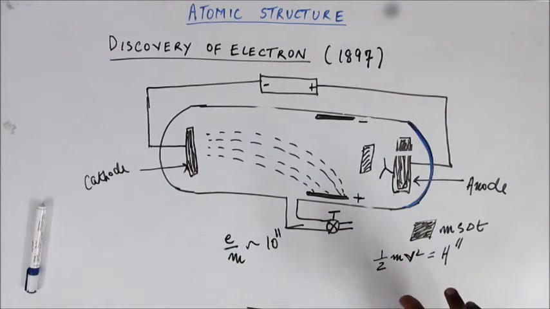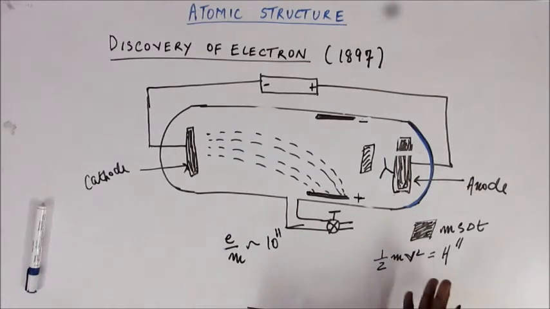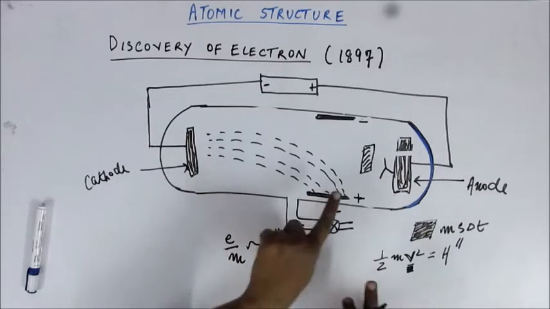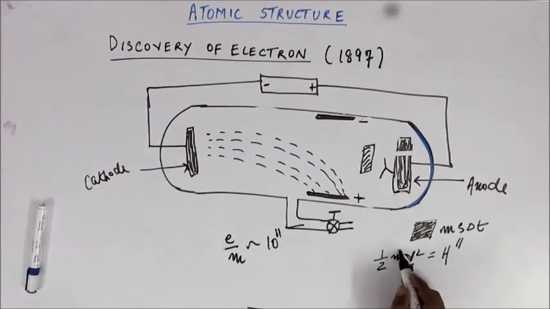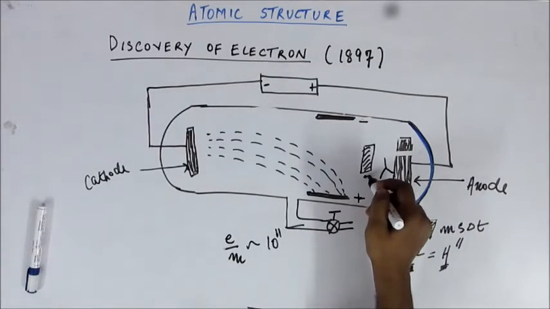That amount of heat should be equal to the kinetic energy. And if you are able to measure the velocity of this radiation, which he did, and I'll tell you how he did, then you can find the mass. Because if you know the heat energy and the velocity, you can find the mass of that particle which is coming and colliding with the substance.